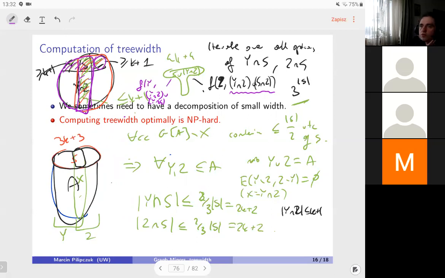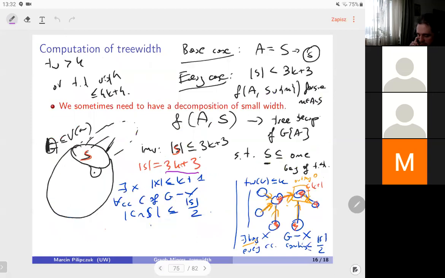The thing that I want to draw out of this algorithm is this observation about the set S: when the set S grows too large, you can always shatter it into small pieces with a small separator. So let's go to the very end.